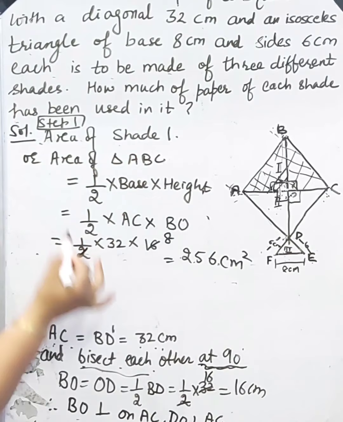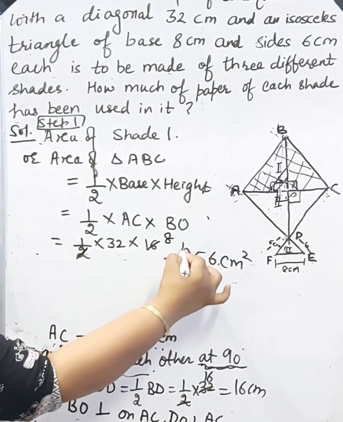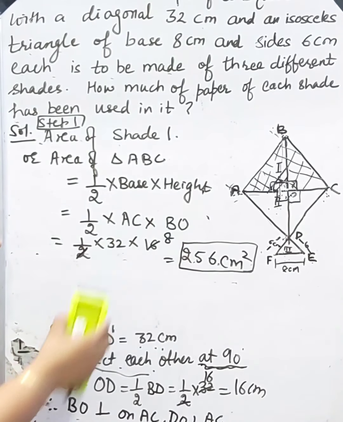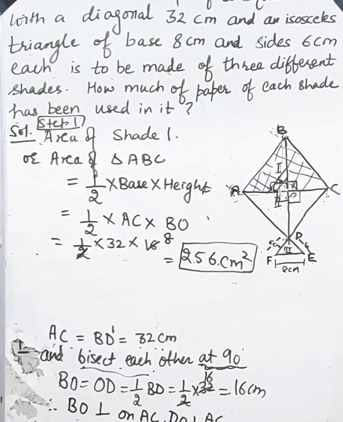Therefore, area of shade 1 equal to 256 centimeter square. Similarly, we can find the area of shade 2.